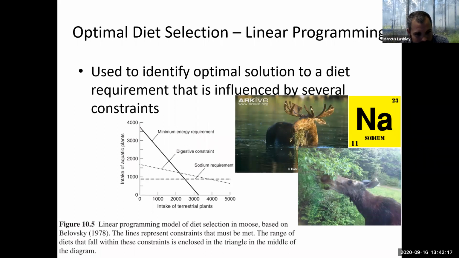So basically, the animal should eat a mix of aquatic and terrestrial plants that gets them into this little triangle of space right here. So it actually works pretty well in this species. But again, think about the main limitations to those populations being driven by diet and not necessarily by other external factors like predators, like they would be with smaller ungulates.